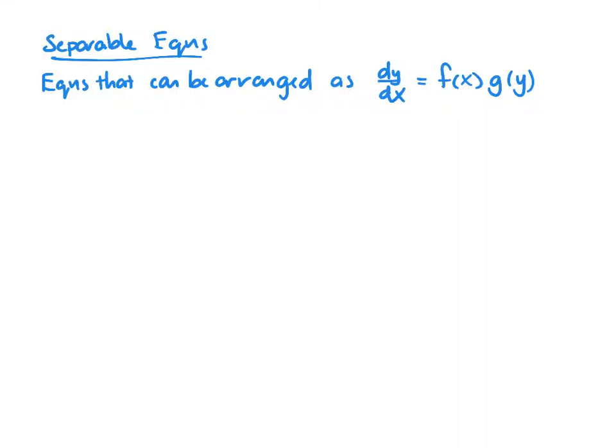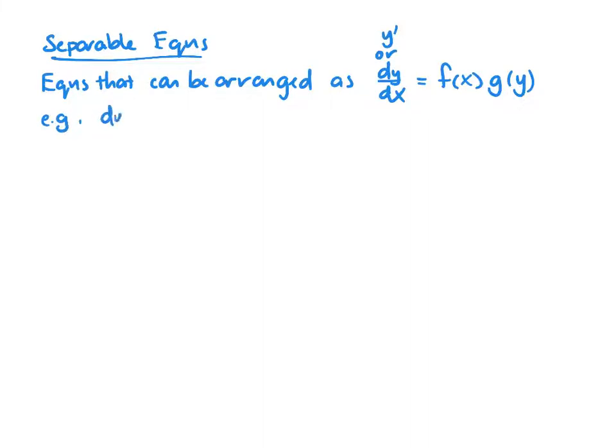So you have to be able to solve for the derivative. So this could be y prime, or dy by dx there. But you have to be able to solve for the derivative and then factor whatever you have so that all the x's appear in one factor and all the y's appear in the other.